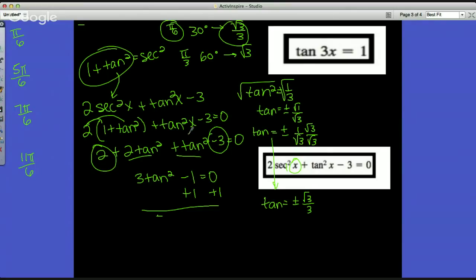Since tangent has a period of just pi, all we're going to do is add pi in. And I think in this one you have an interval of just 0 to 2 pi, but just in case. Those would be our answers for the 4 on that problem.